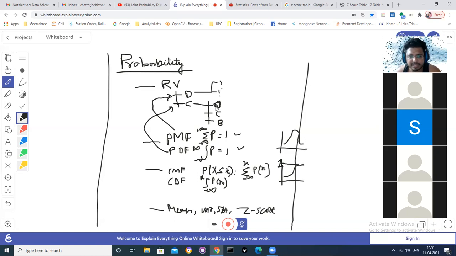So after this class, I'll give you that. Use this and find it out. Next class on Wednesday, we will complete this joint probability, conditional probability, and statistical independence of probability.